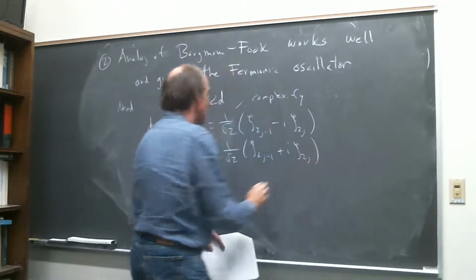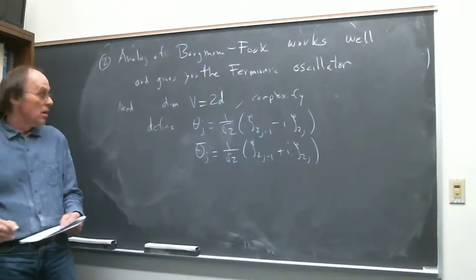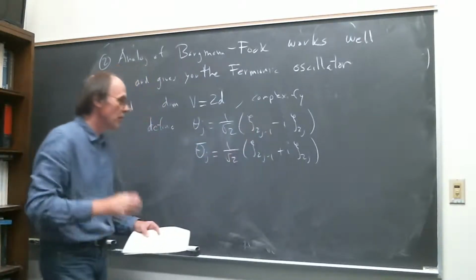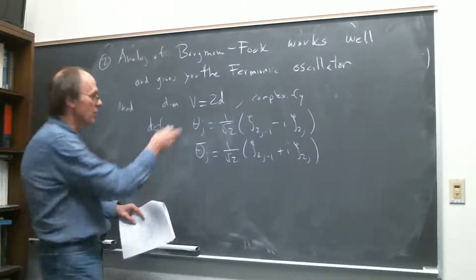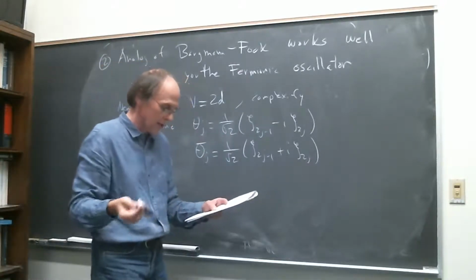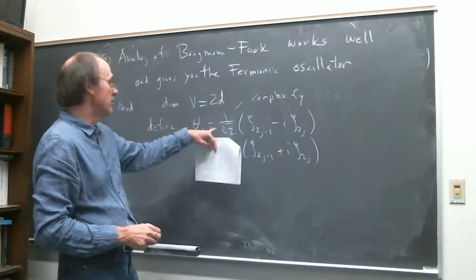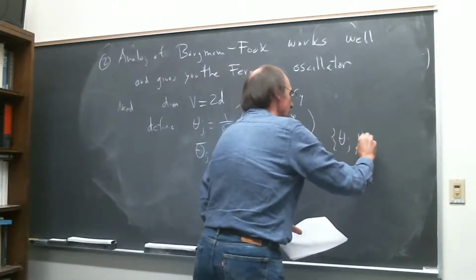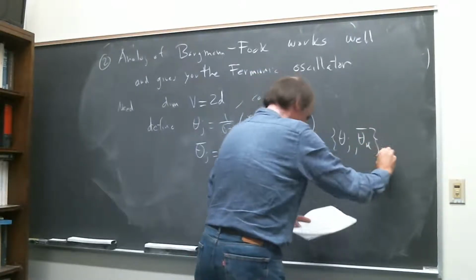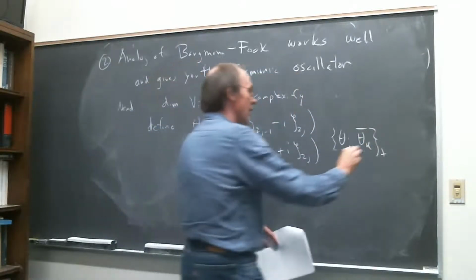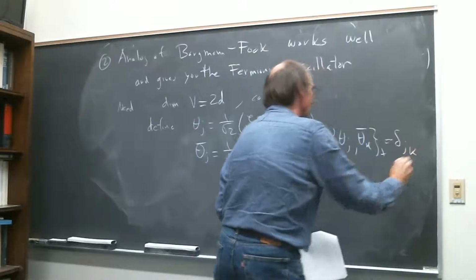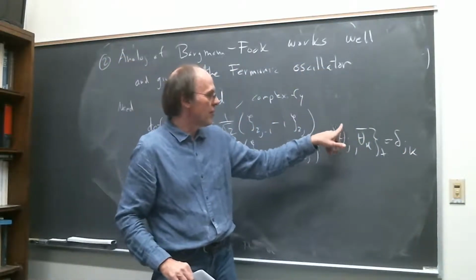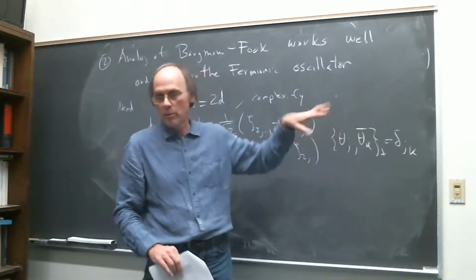Let's define these guys. Then you compute the relations of these: you get that theta_j, theta_k bar anticommutator is delta_jk, and you also find that the ones both without a bar or both with a bar give you 0.